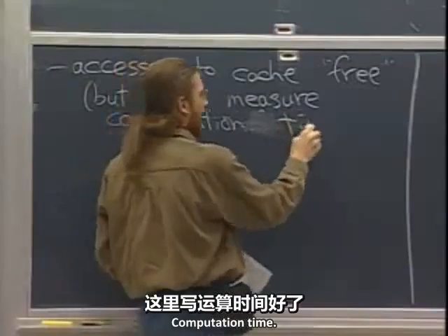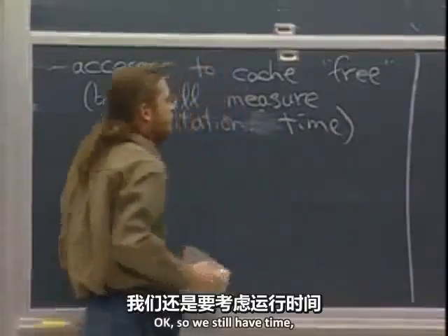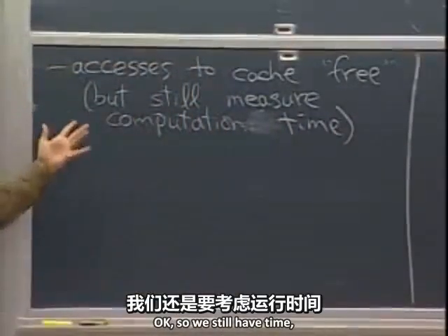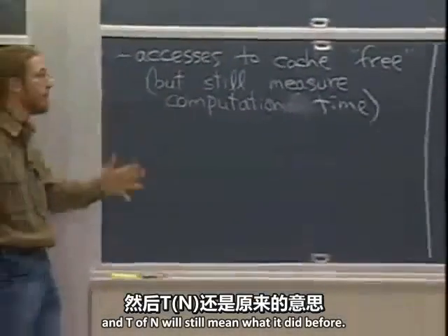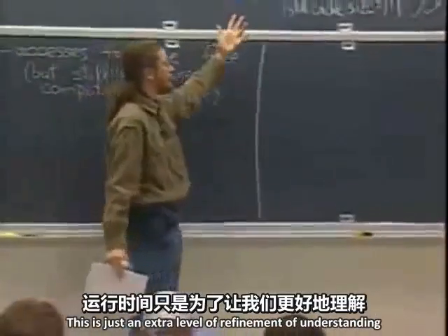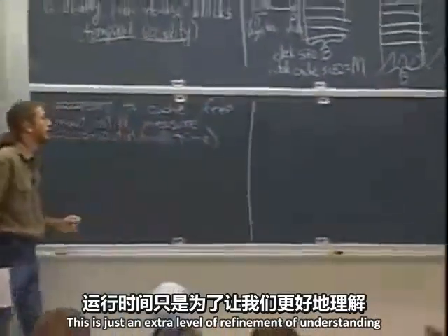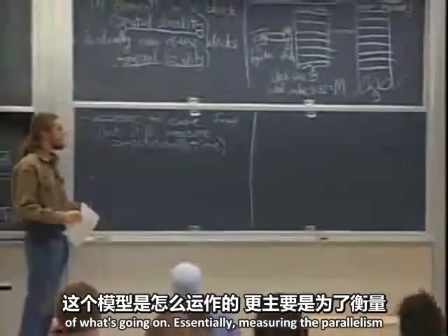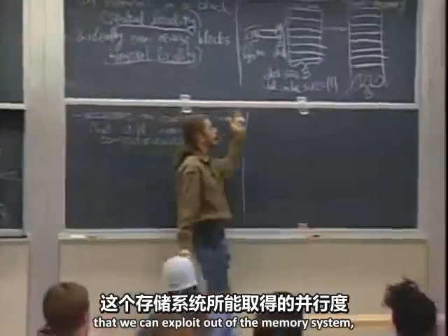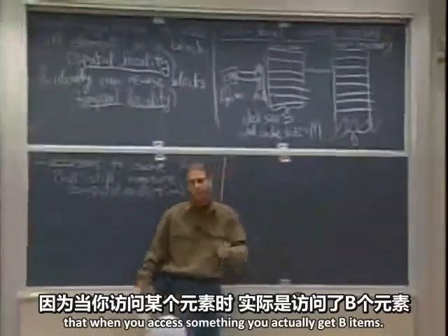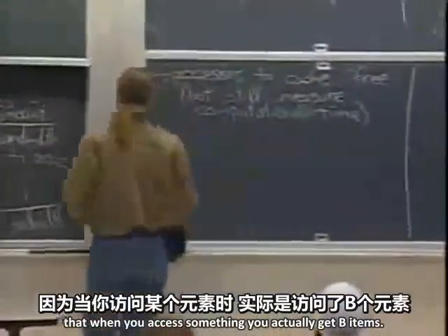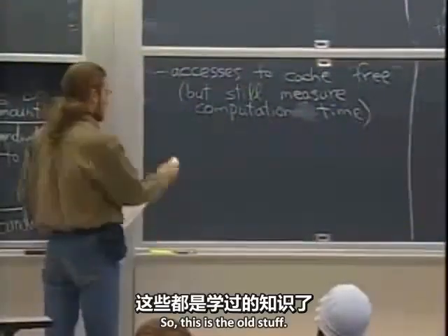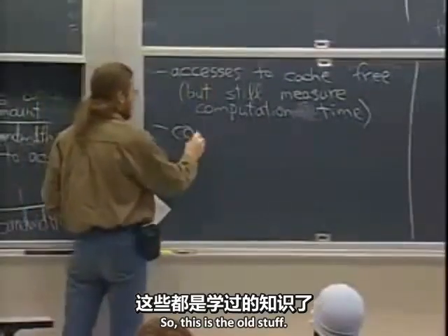Computation time. Okay, so we still have time, and T of n will still mean what it did before. This is just an extra level of refinement of understanding what's going on. Essentially measuring the parallelism that we can exploit out of the memory system, that when you access something, you actually get B items.